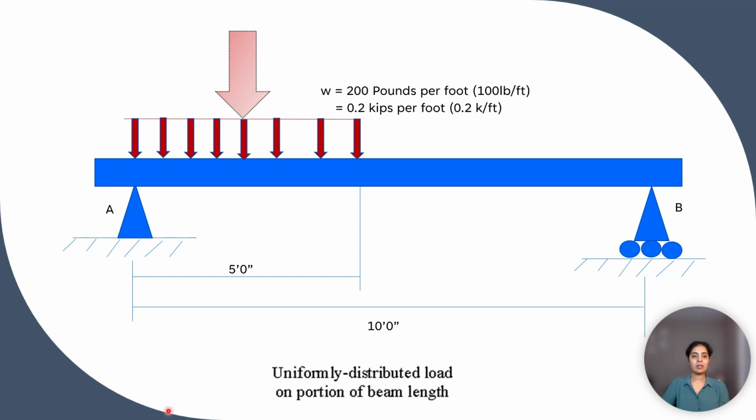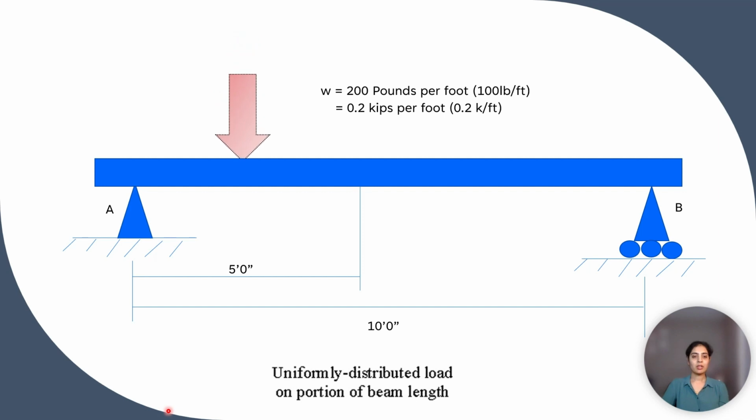So, it is converted into a concentrated load resultant, and it is placed at the center of the loaded length. Its resultant is 200 pounds per foot times 5 feet, the loaded length, which is equal to 1000 pounds.